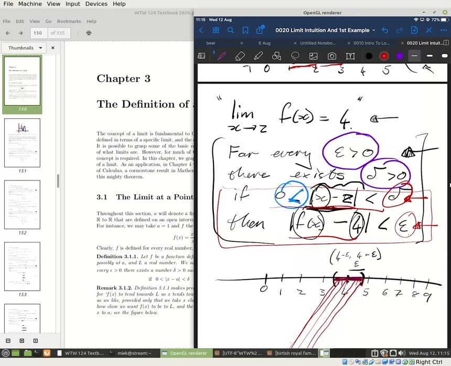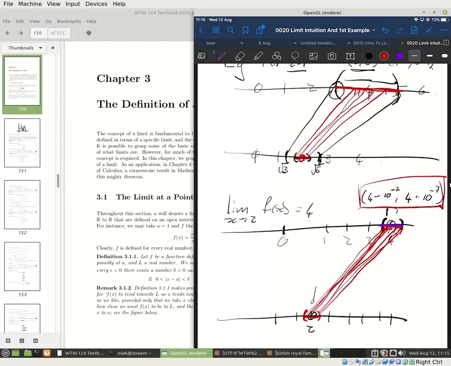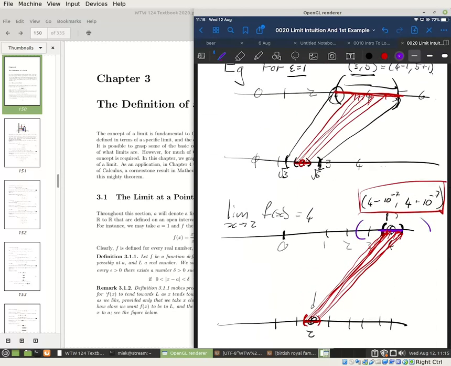The tricky part here is these quantifiers. For every epsilon there exists a delta. So if you take any epsilon, doesn't matter, for example this one, you should be able to find a delta here, so that if you look at the interval of radius delta around 2, everything in this interval should be mapped into that interval.